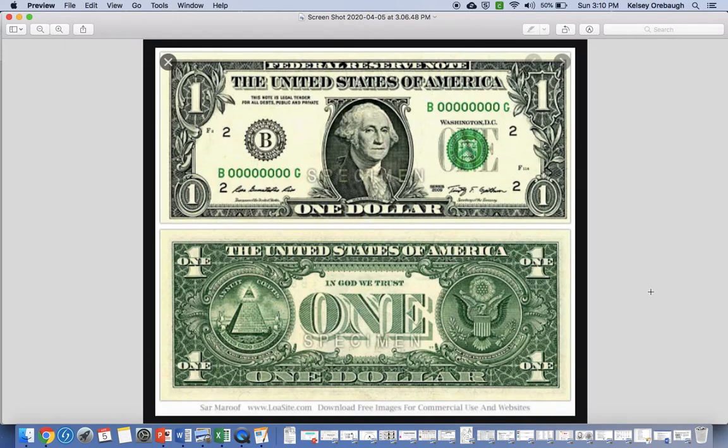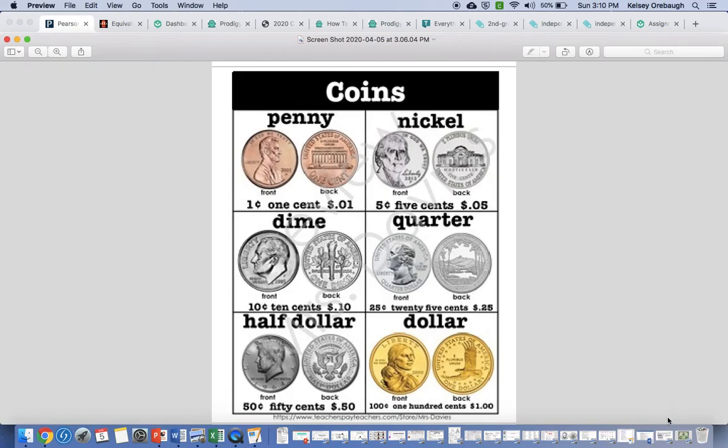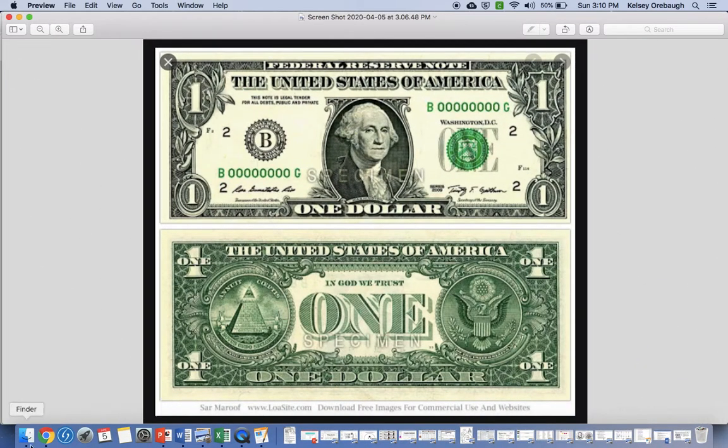So this is a dollar bill, and you can see the amount here on each corner of the dollar bill, $1. We have our first president, George Washington, on our dollar bill. Okay, so we have a coin worth $1 and we have a bill worth $1, both equivalent to 100 cents.